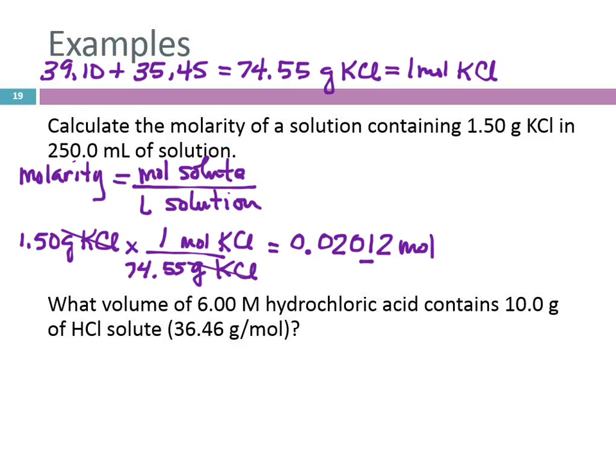Sometimes students are like, oh, wait, that can't be right. No, it's going to be a small number. 1 mole of this stuff weighs 74 grams. We only have 1.5 grams. It's a small number of moles. So that's our number of moles, 0.02012 moles of KCl.